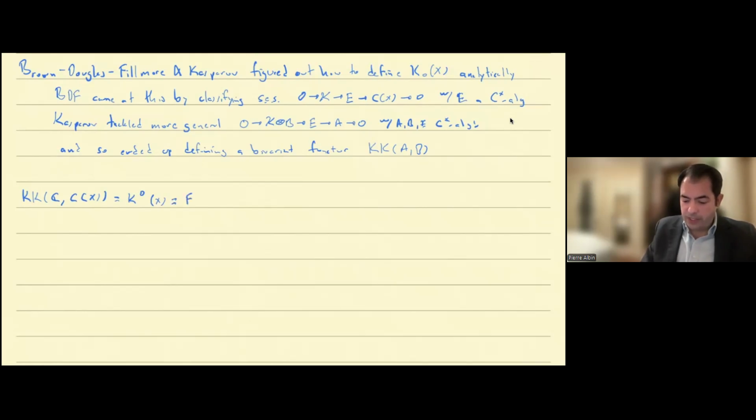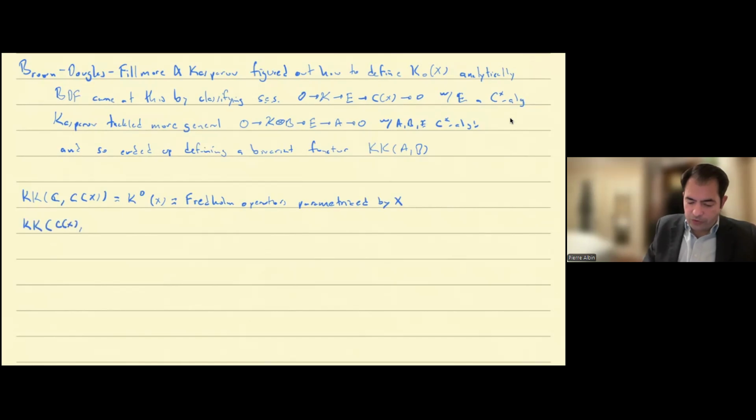So from Atiyah, we can think of this as being Fredholm operators parameterized by X.